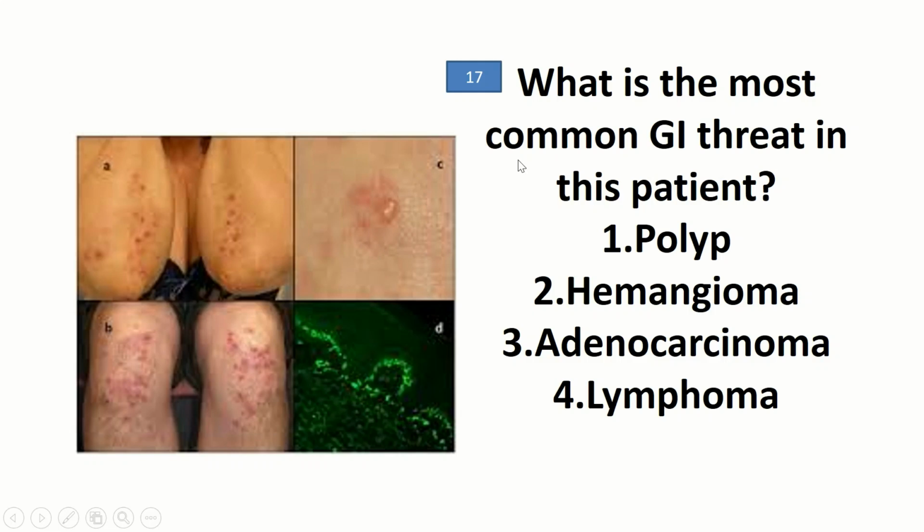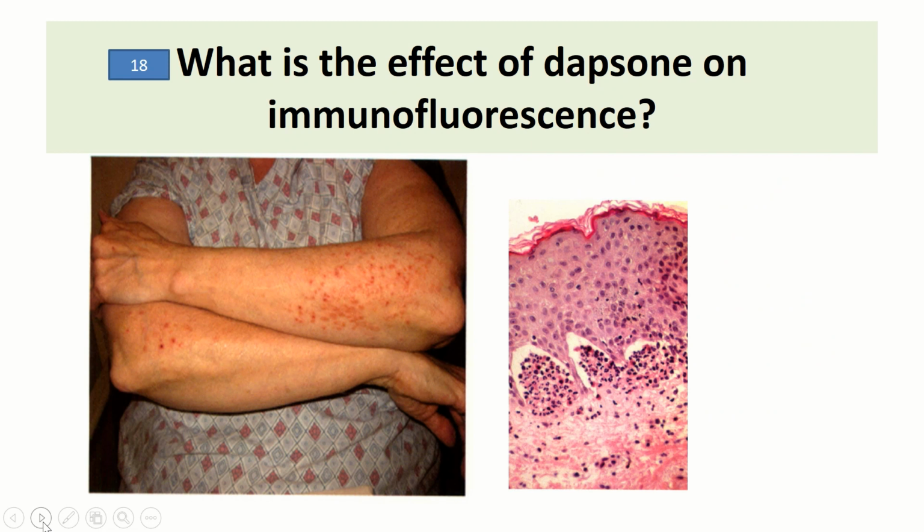So the GI involvement in the background of dermatitis herpetiformis is compatible with the threat of the formation of lymphoma as MALT. The drug of choice for this condition is dapsone, but dapsone has no effect on immunofluorescence.